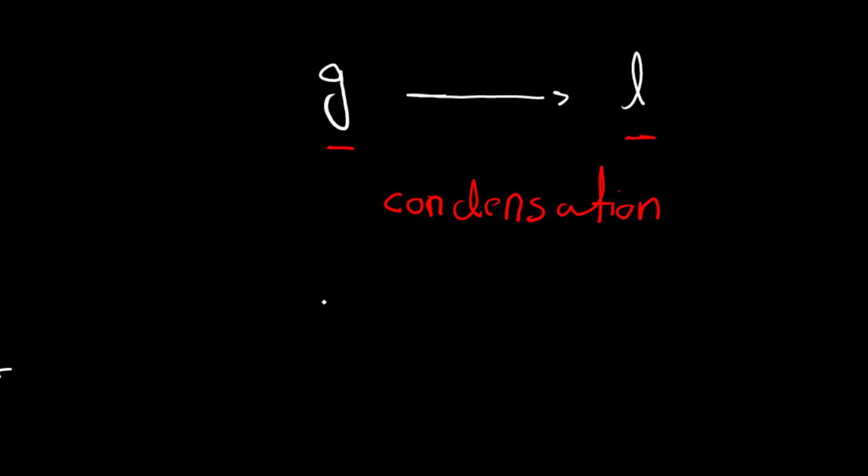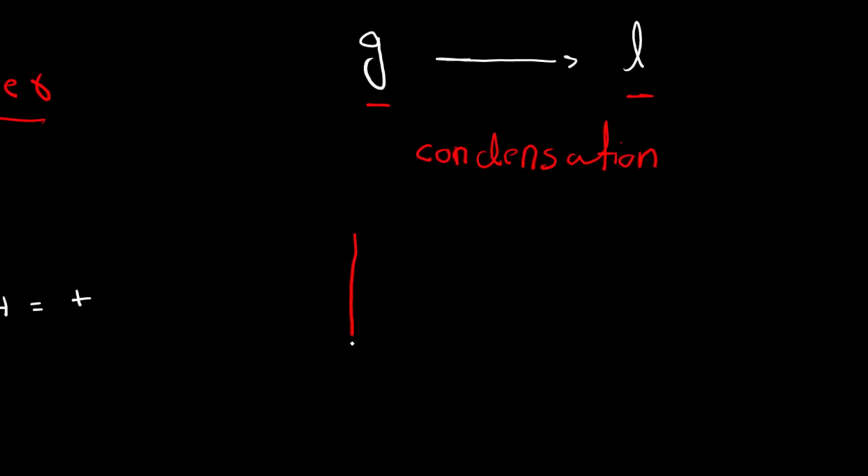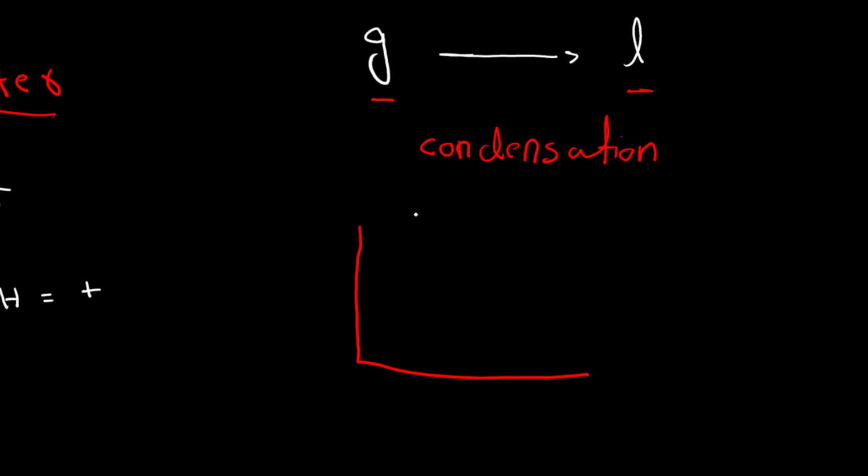The diagram of this can be written like this. For example, this is the gas form. They have more energy, and while it is going to convert to the liquid, we need to take out energy from it.